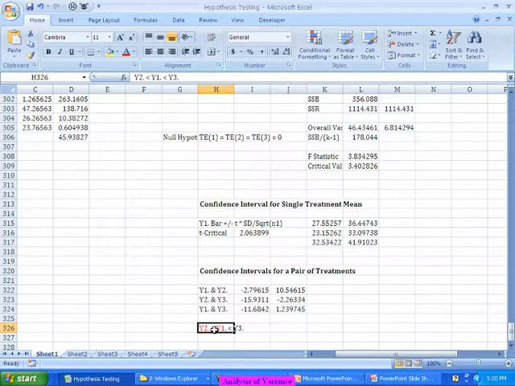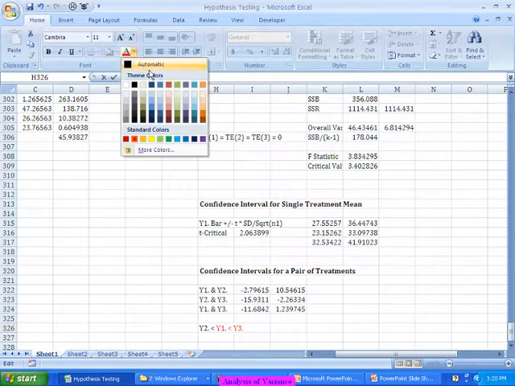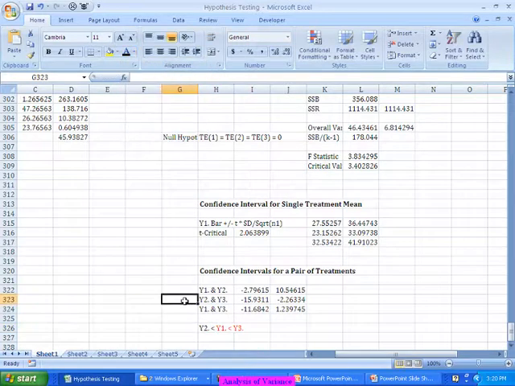So overall, probably y1 and y3 don't have a difference. So I would be highlighting these two with a red, but y2 I will not highlight because y2 is significantly lesser than the other two, y1 and y3.